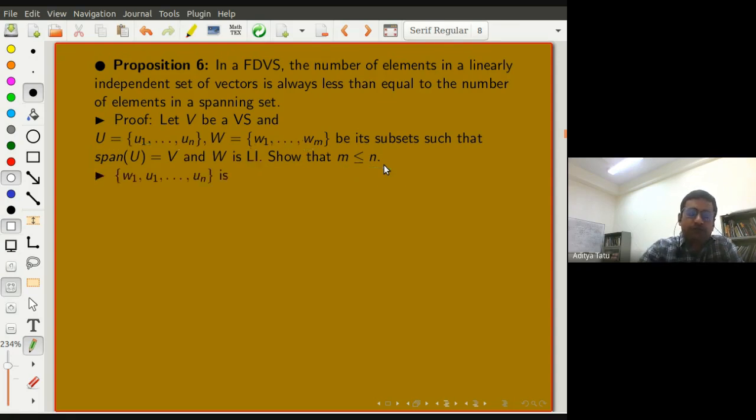Okay, so if I include the first element of my linearly independent set, denoted by W1 over here, in the set U, what can we say about this set? Is this linearly independent or is this linearly dependent?